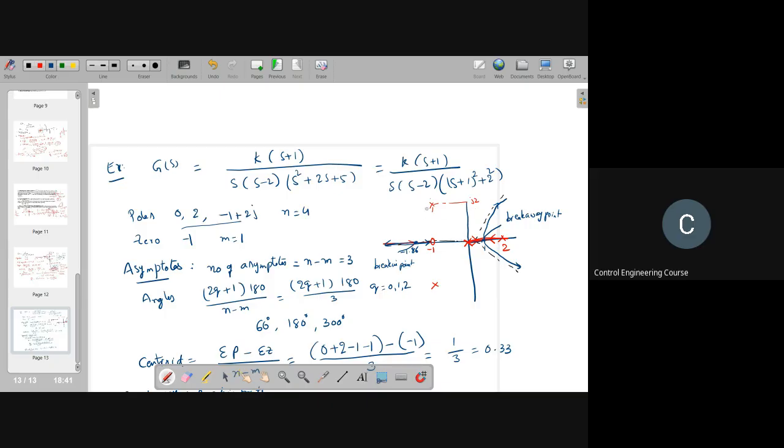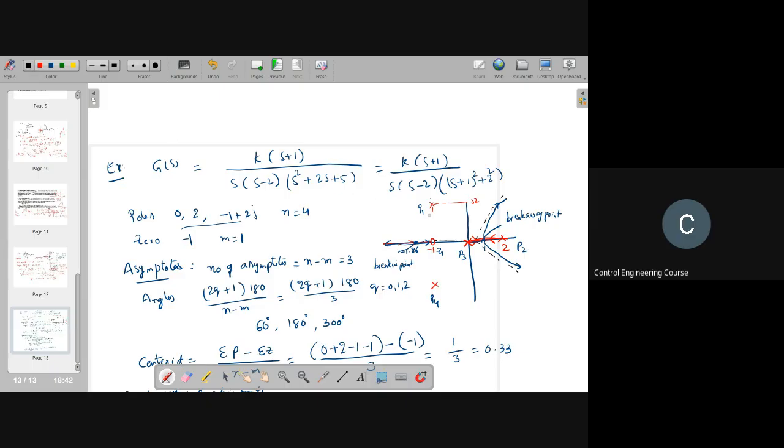The next point required is the angle of departure. Let us suppose this is my P1, this is P2, this is P3, this is V1, and this is P4. We need to calculate the angle of departure for P1 from each of the poles and the zero.